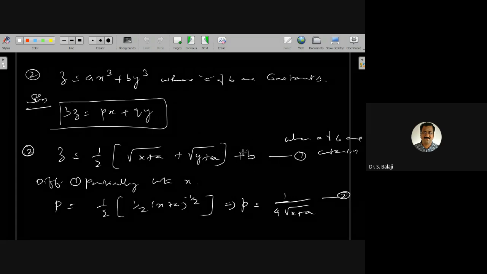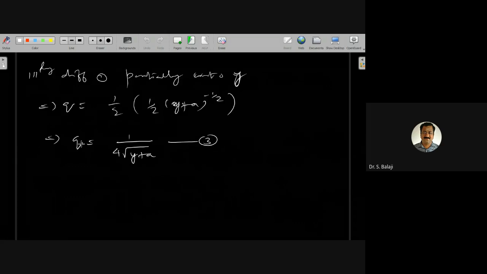We have to eliminate b also. Therefore, the only way is that from this equation you get the value of a, and from the other equation also get the value of a. Both represent a, so you can equate both.